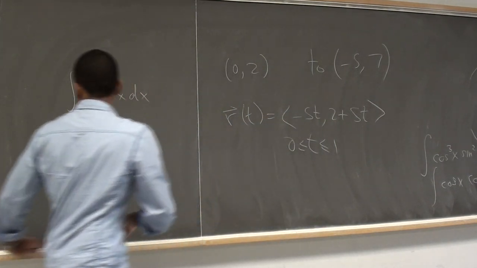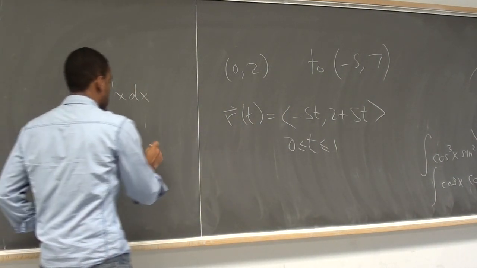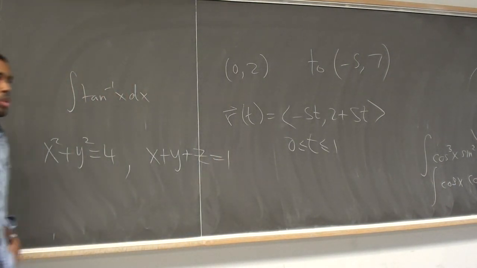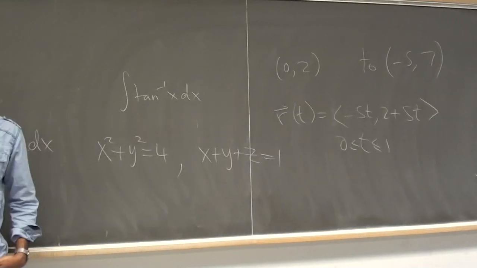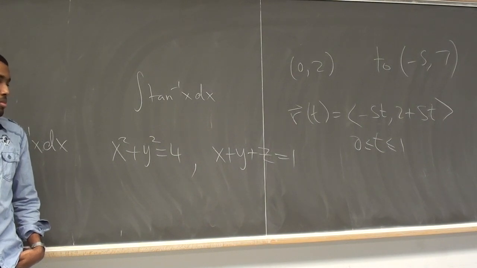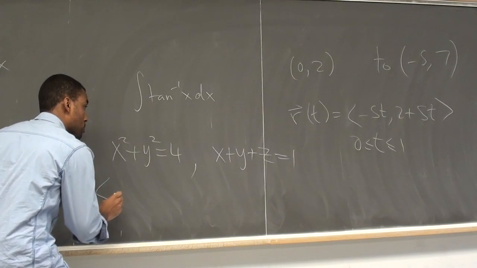I want to parameterize the intersection of this with the plane. How do I do it? Plug in 4 for the x. No, 2 sine theta. Solve for one of them and plug it into the other equation. X and Y, then solve.